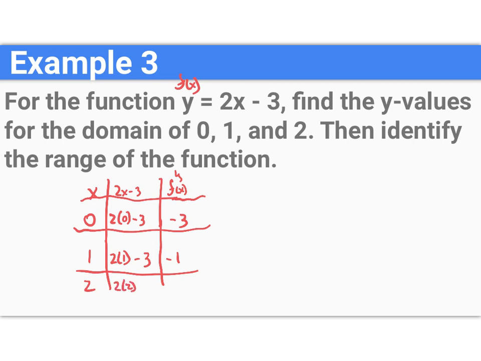2 times 2 is 4, minus 3 is positive 1. So the rate of change always multiplies to x, and then minus 3 is where we start. So if our domain is 0, 1, and 2, the set of our domain, and we put in these squiggly parentheses 0, 1, and 2, then our range is from negative 3 to positive 1.